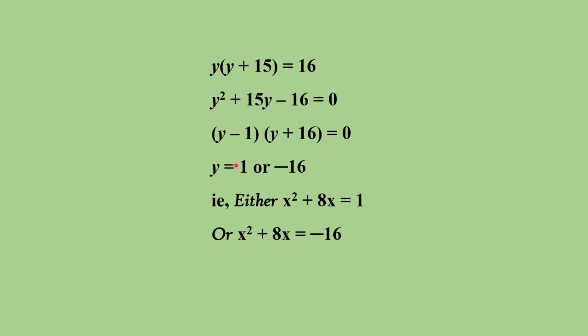So y was written in the place of x square plus 8x. So either x square plus 8x is 1 or x square plus 8x is minus 16. We will solve both of them. But since x is an integer, we will take only that value which gives you an integer.